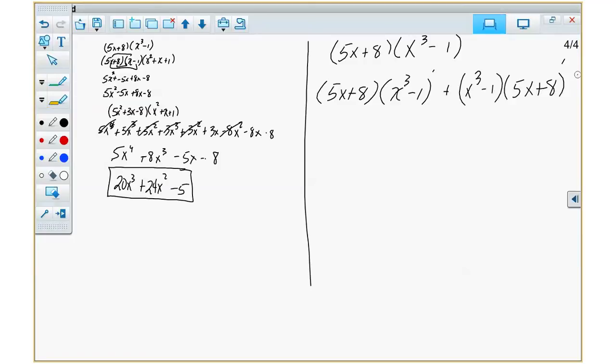Okay, so 5x plus 8 times 3x squared plus x cubed minus 1 times what? 5. That's wrong. You're supposed to be able to use the, okay, forget that.